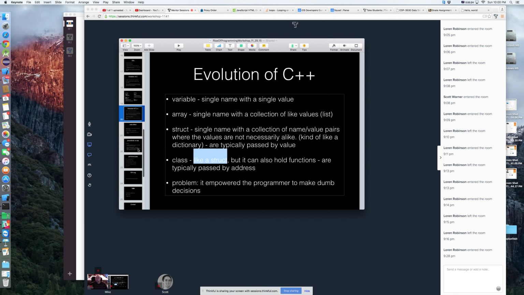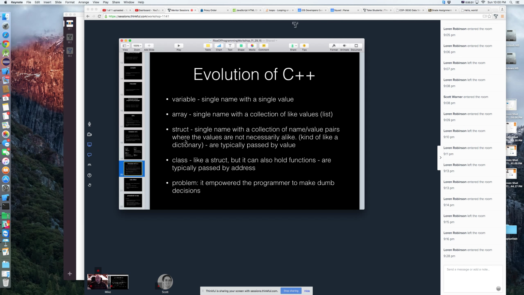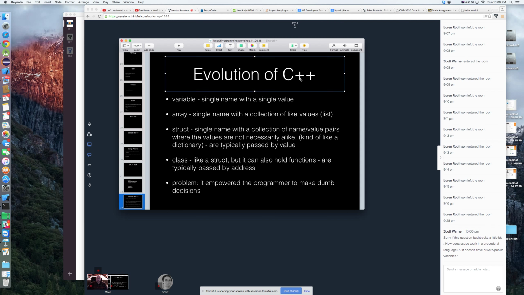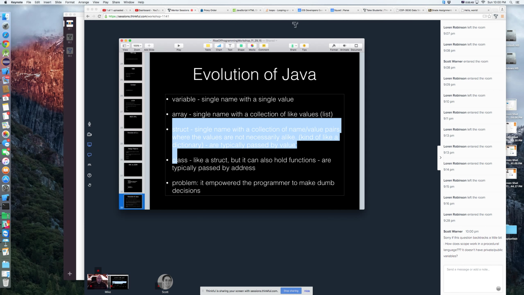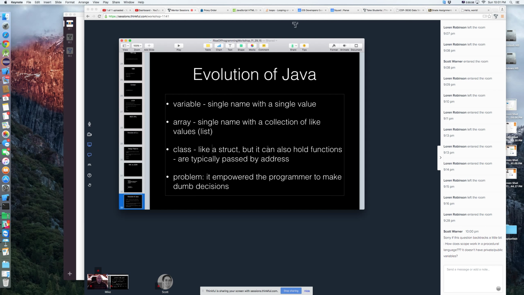All right, and just to kind of give us a quick jump start on next week, I'm going to copy this slide and I'm going to drop it all the way here to the bottom just so we can start down there. When we talk about the evolution of Java, we're going to see that we kept variables, we kept arrays, Java dumped structs, and kept classes. Okay?